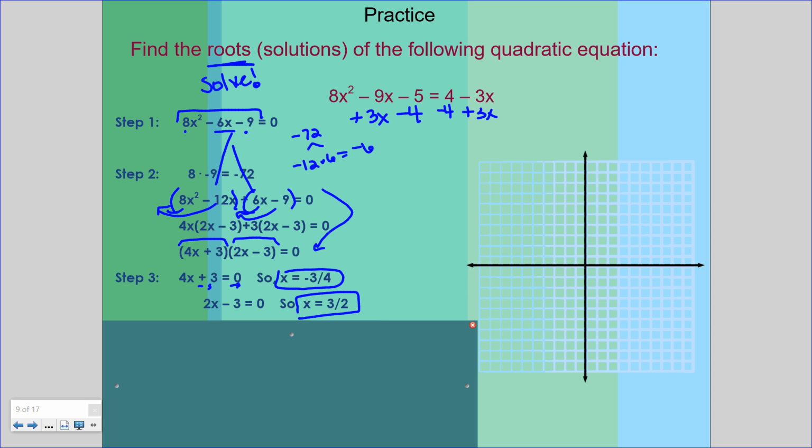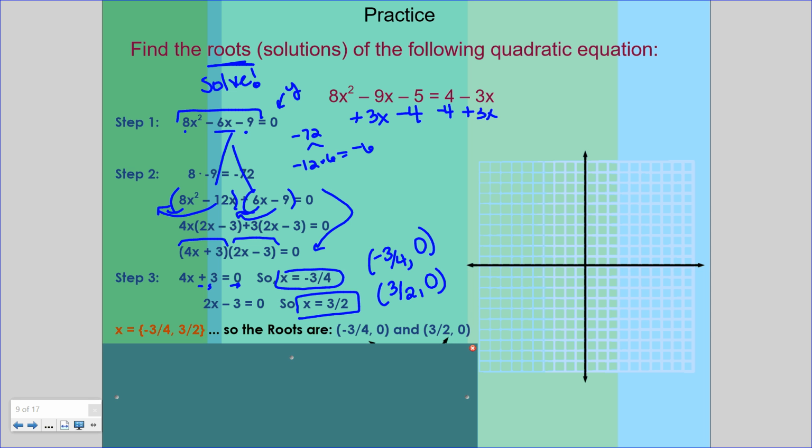Remember, by setting it equal to 0, this is interchangeable with y. So what we're really doing is finding the points where you find your x value for a y value of 0. So this is really what those two solutions represent, are these 2 points.